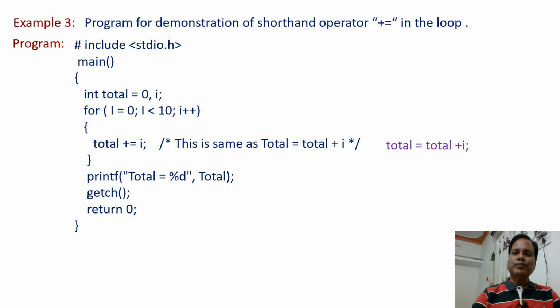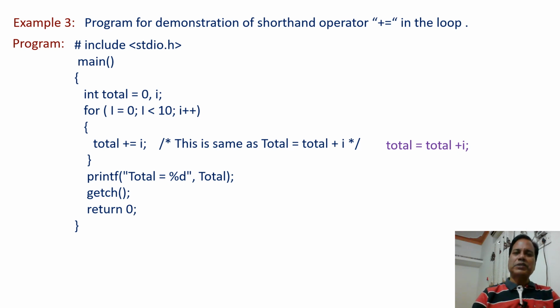After this, the value of i is updated. This i is called the counter variable because we have to go through this loop 10 times, checking the condition i less than 10. So the value of i is updated and becomes 1.